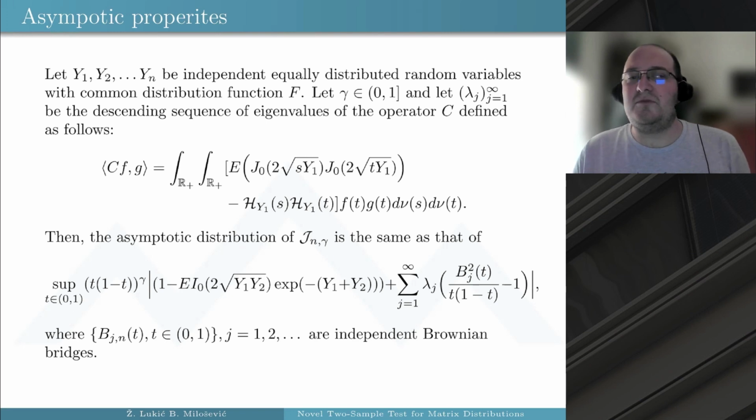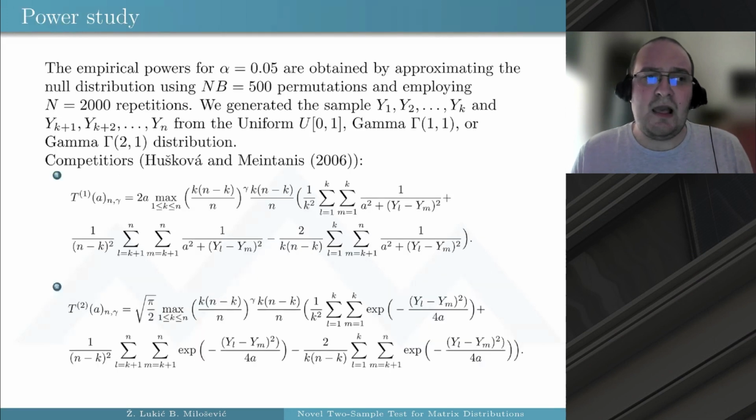If you, for example, said the correct distribution is this and that, this probably could be computed for some specific distributions. We have also conducted a rather small power study. We have estimated the null distribution using 500 permutations, and we have used 2000 repetitions.